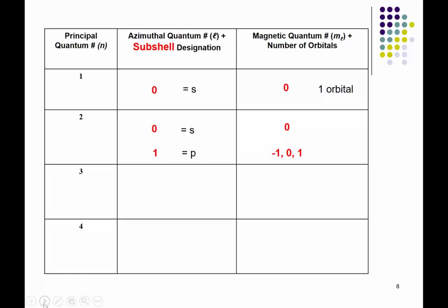So the 2 in front of these letters is just saying at which energy level. Now you can see I've got 4 numbers in the right-hand side box. Each of those numbers represents a solution to the Schrödinger equation, in other words, an orbital. And so there are 4 orbitals in the second energy level.